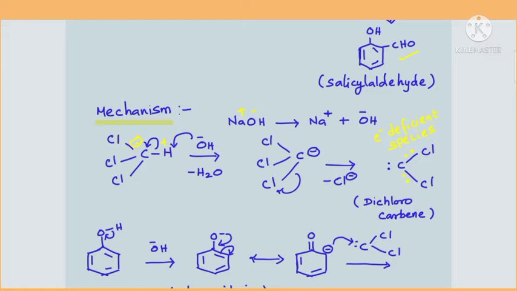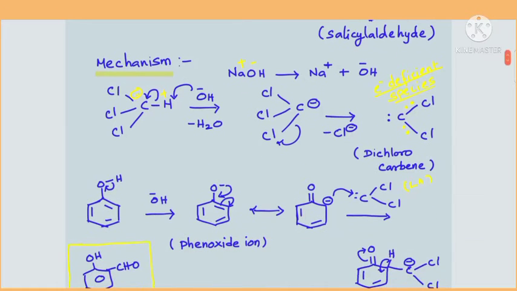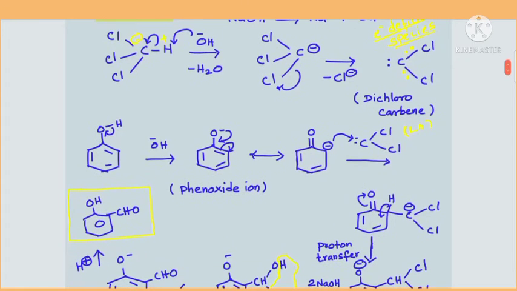That is why it acts as an electron deficient species, or otherwise we can also call it a Lewis acid. Now this dichlorocarbene electrophile will react with the phenol molecule and ultimately will give salicylaldehyde, and this is the mechanism actually.